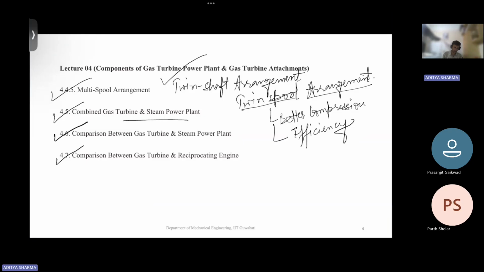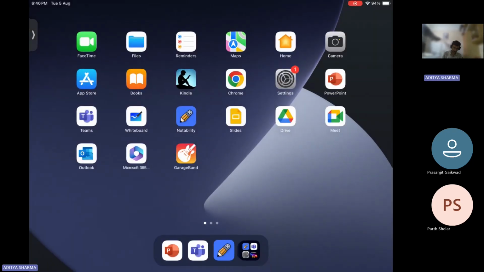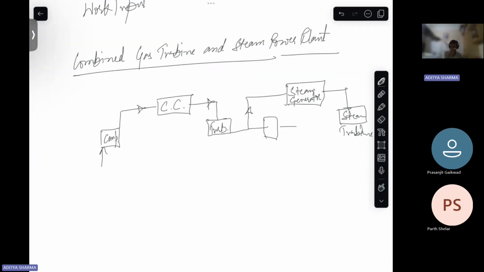Then is the comparison between steam power plant and gas turbine, and then between gas turbine and reciprocating engines.